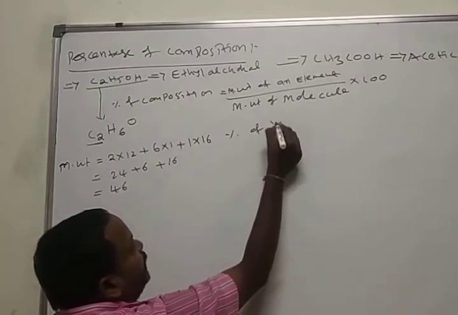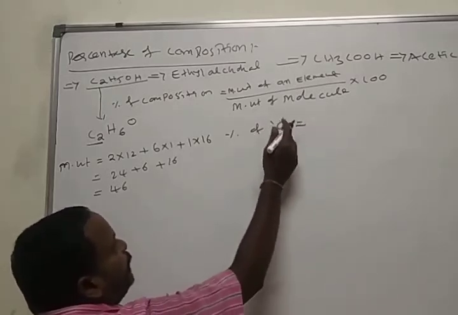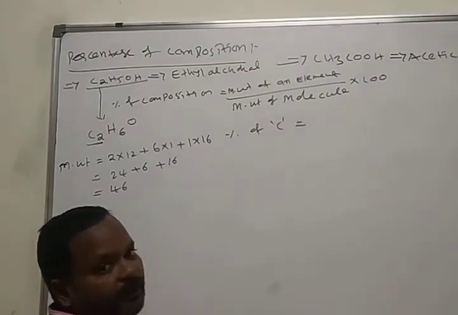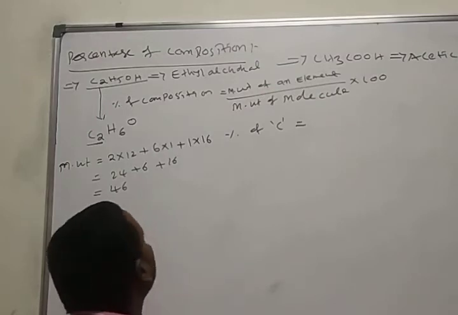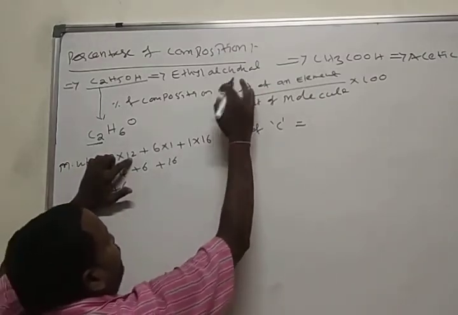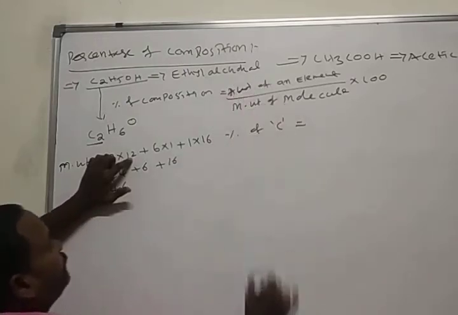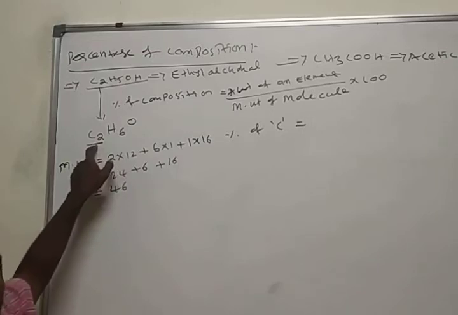Percentage of carbon first. How to calculate this? First, the molecular weight or atomic weight of an element. What is the atomic weight of carbon? Atomic weight of carbon is 12.